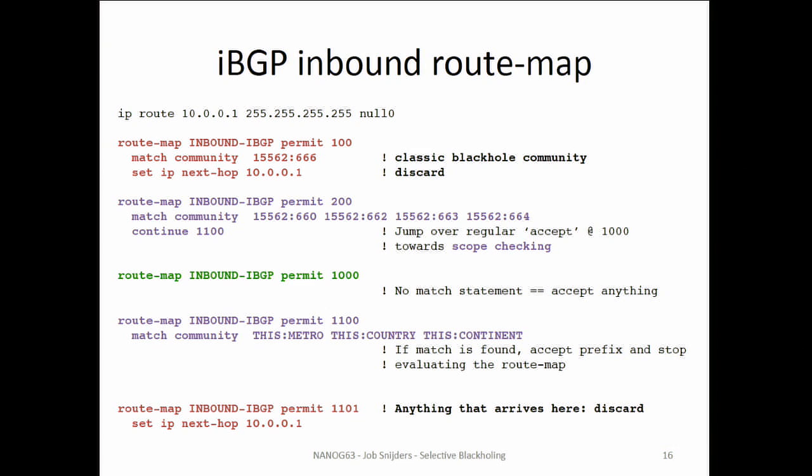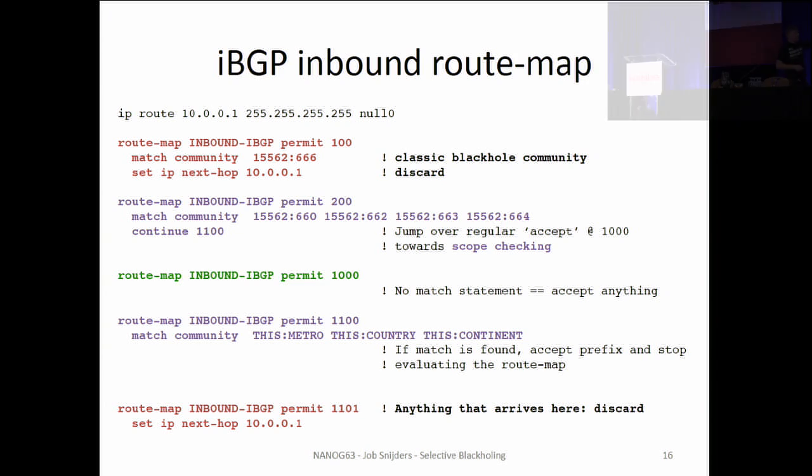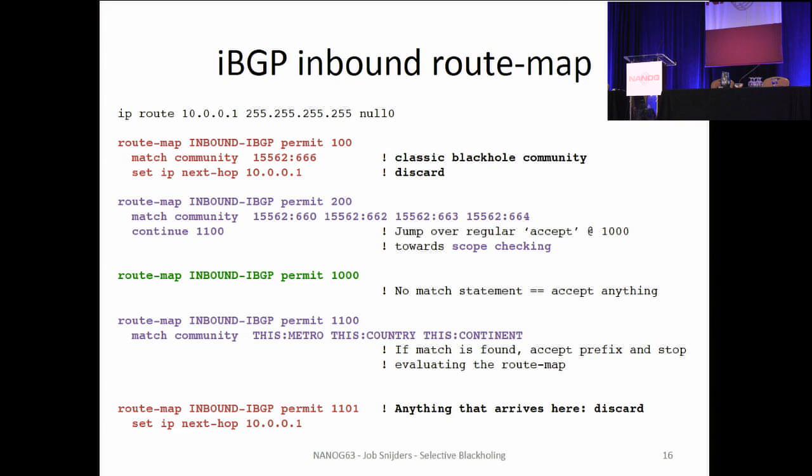One of the most important aspects of selective blackholing is the IBGP inbound policy. In this case, this is a Brocade example. This is to prove that if you can make it work on a Brocade, you can make it work on anything. This policy is applied on inbound.